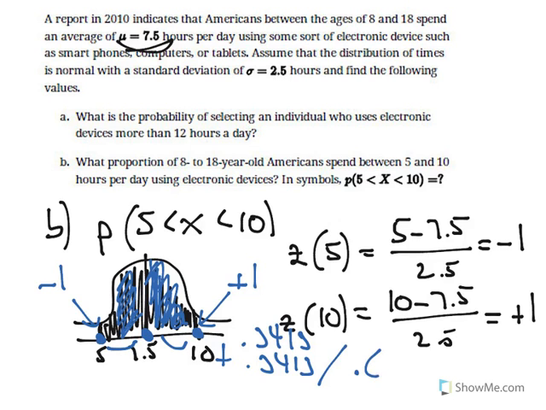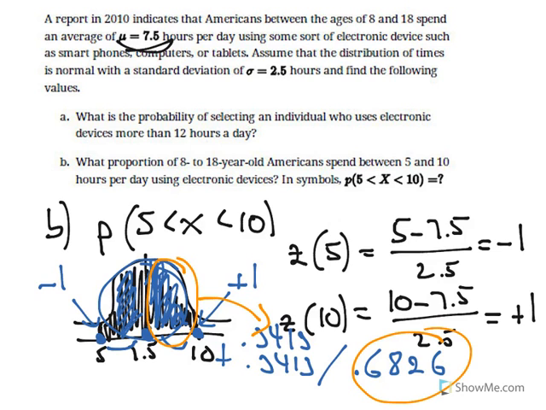So that's going to be 0.6826. So this entire area here is 0.6826. Each half is 0.3413. So the answer is the proportion of 8 to 18-year-old Americans who spent between 5 and 10 hours per day using electronic devices is 0.6826.